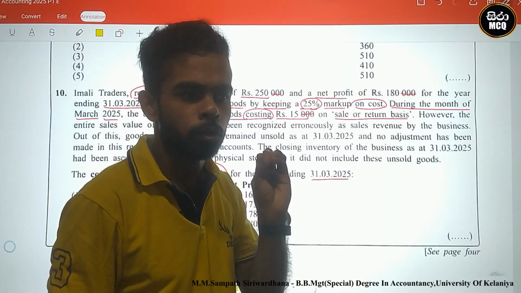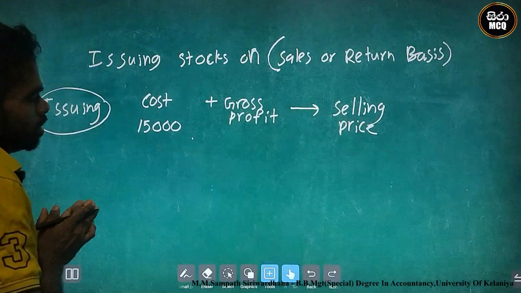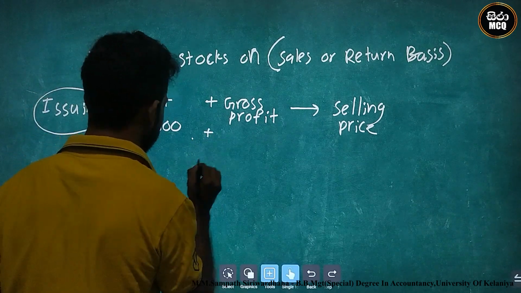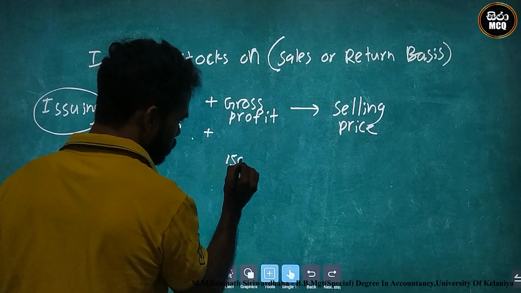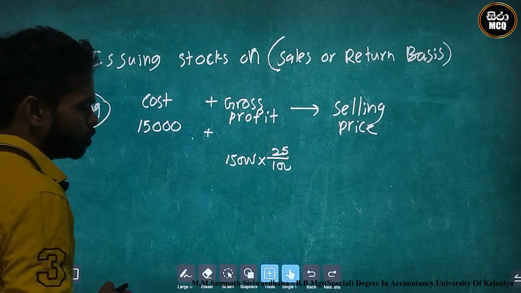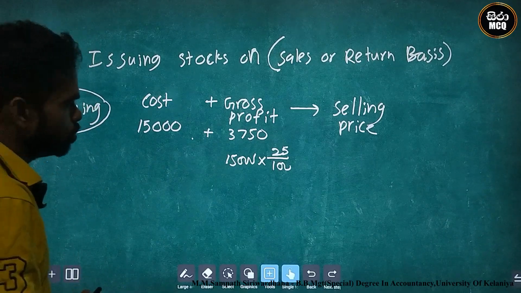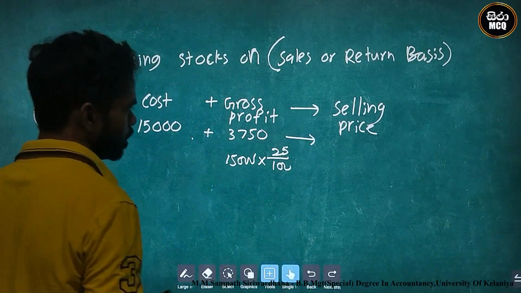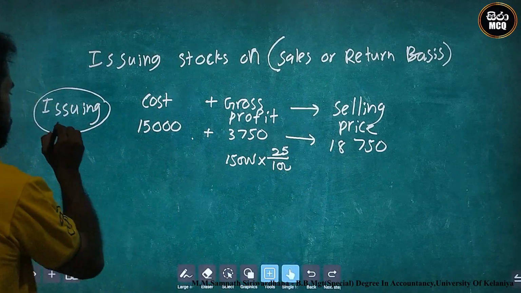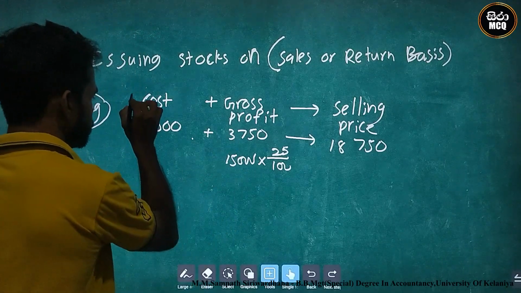A 25% markup means gross profit on cost, therefore I calculated gross profit based on cost. We take 15,000 times 25%, which is 3,750 gross profit. The selling price is 18,750. This is the total issuing.